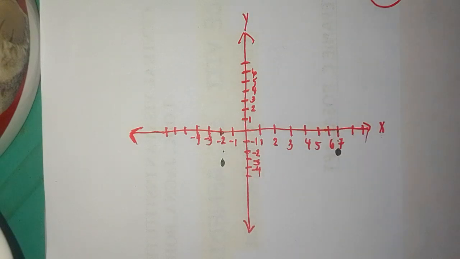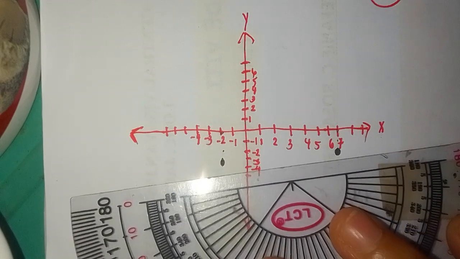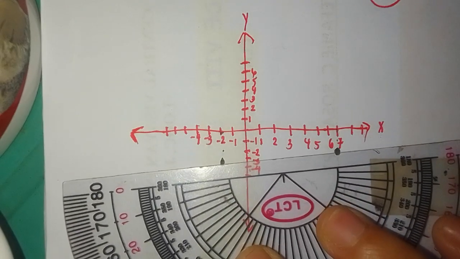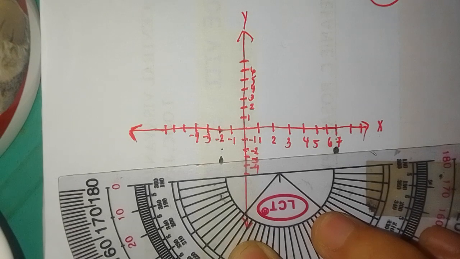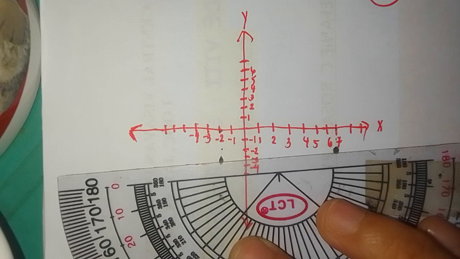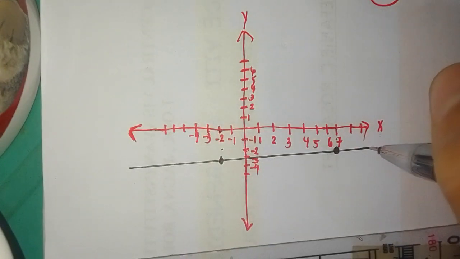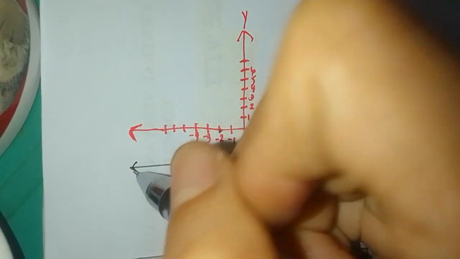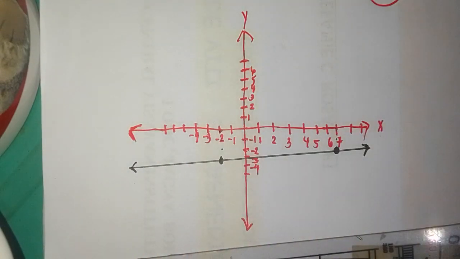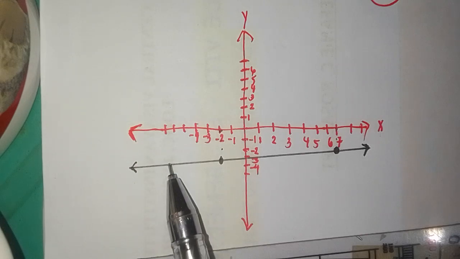Now after plotting the 2 points, the next thing you have to do is connect those 2 points, of course using your ruler to make a straight and perfect line on your graph. And please do not forget to draw an arrow on your linear graph. So, just like this.